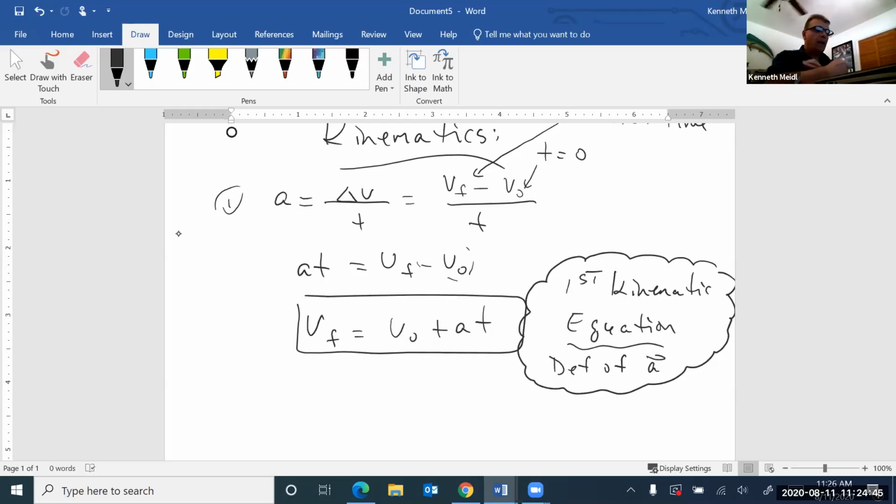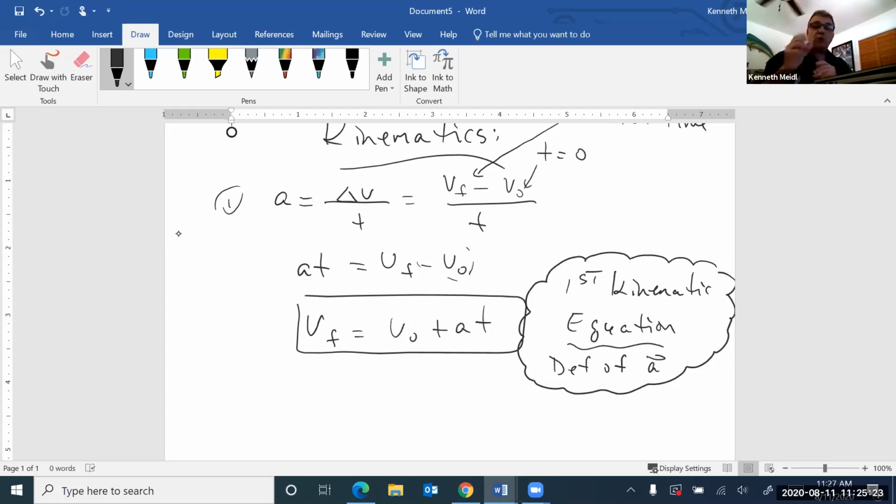This is an equation that a student will memorize. You'll want to know this. It only took 20, 30 seconds to get it from the definition of acceleration, but it's important that you have this as you start working through your homework in chapter 2. You're going to have this right in front of you, and once you use it over and over again, eventually you're going to have this memorized. But for something like quizzes and so forth, you want to have this at your fingertips.